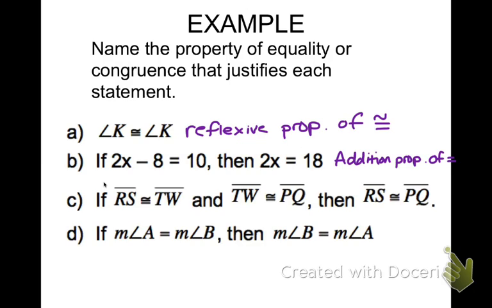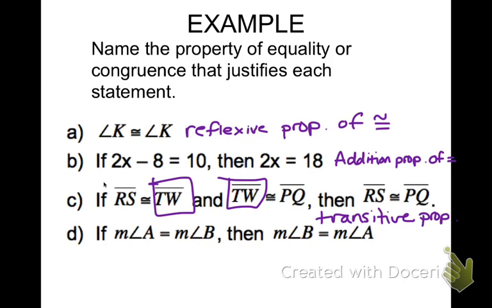Which one's that? Yeah, right, because what's the link? The link is TW, so that would be the transitive. If that was all equal signs, then you could have used substitution. But it's not equal signs, it's congruent. So transitive property of congruence.